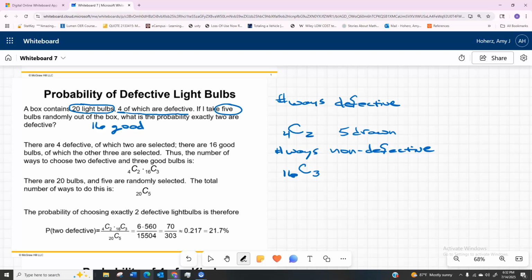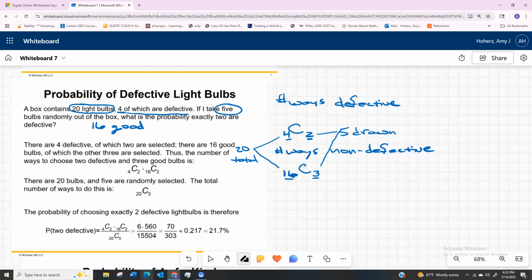So 2 and 3 get us the 5 that are drawn, and then the 4 and the 16 are the 20 total. So we have 4 plus 16 to get our 20 total, and then the 2 and the 3 to get the 5 drawn. And out of the 5 drawn, we want 2 that are defective and 3 that are good, out of the 4 that are defective and the 16 that are good. Now that becomes what we need for our top number.